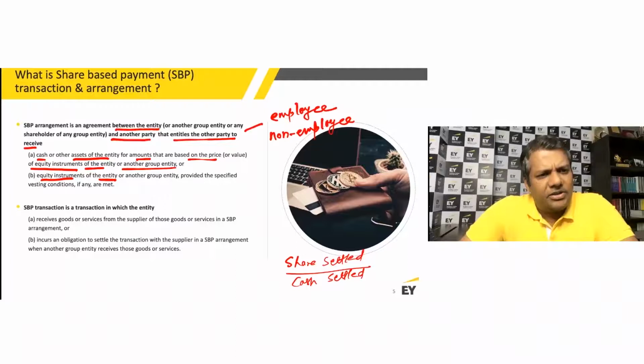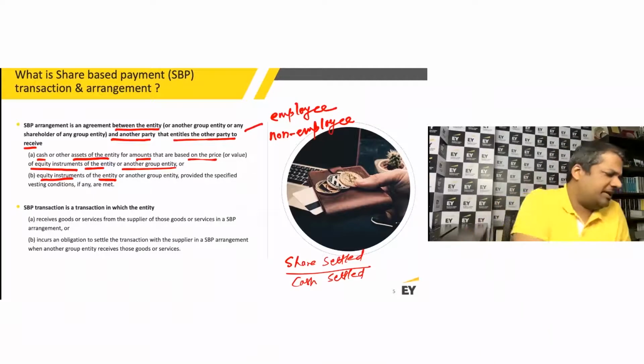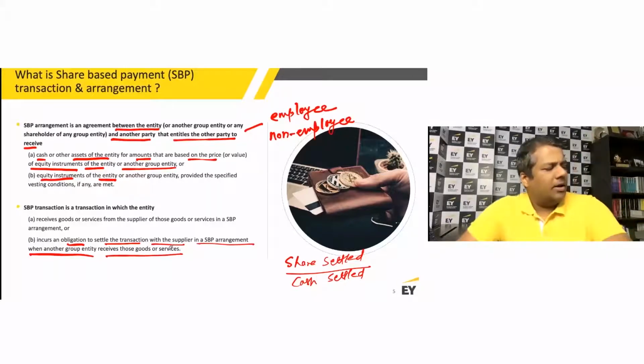It's also a possibility that the entity incurs an obligation to settle the transaction with the supplier in a share-based payment arrangement when another group entity receives those goods or services.